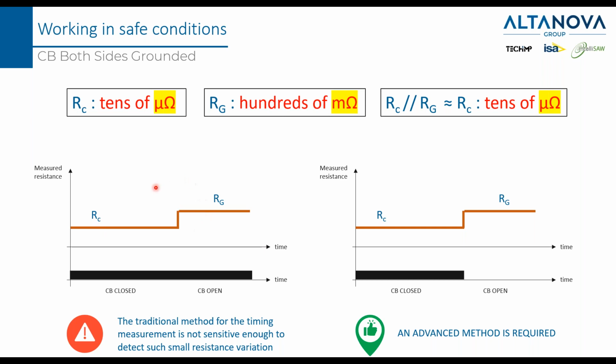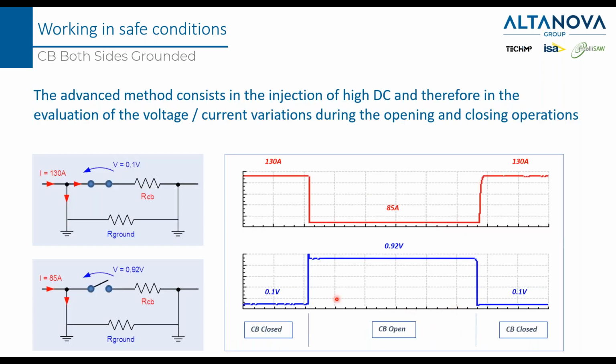So if you use a traditional method, it will not be accurate in order to understand this small variation. What you need is an advanced method. The advanced method means injecting current into the breaker, doing the operation, so open and close, and looking for variations, the variation in current and voltage.